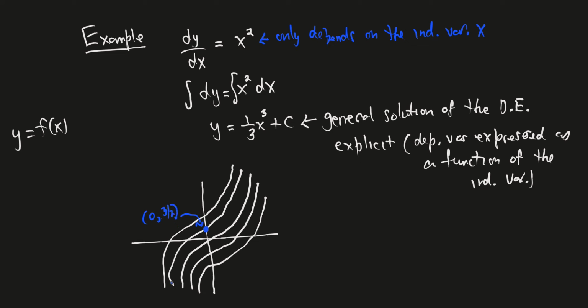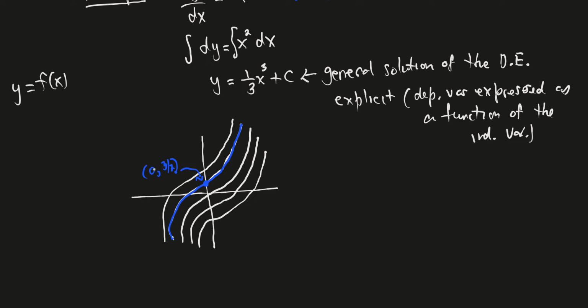Suppose I wanted to find, of all these parallel curves, which is the specific curve that passes through that particular point. Then we can use that information to figure out what the constant is, right? So let's go ahead and do that.